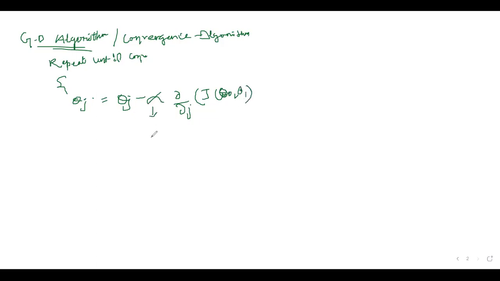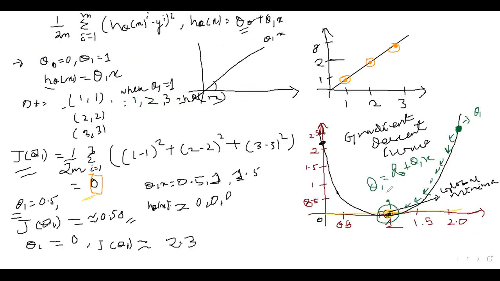This alpha is my learning rate, not learning parameter. The learning rate specifies at what speed my theta 1 value will come to the global minima.